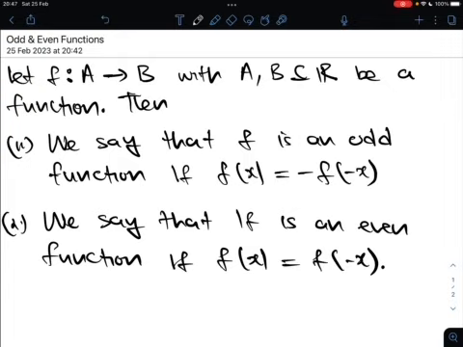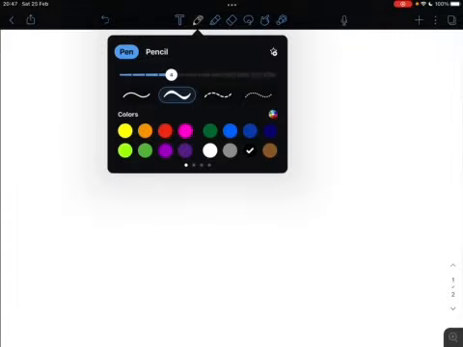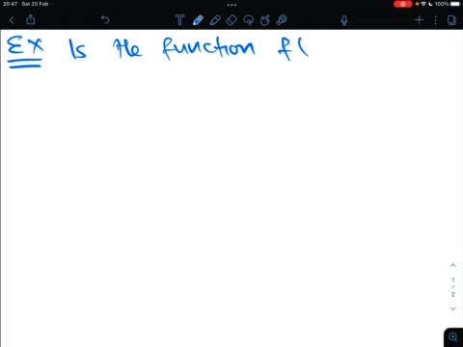So let's practice these definitions that we have here. Typical problems that one can get in this section will be as follows. They will say, is the function f of x equal to x cubed minus x even or odd?